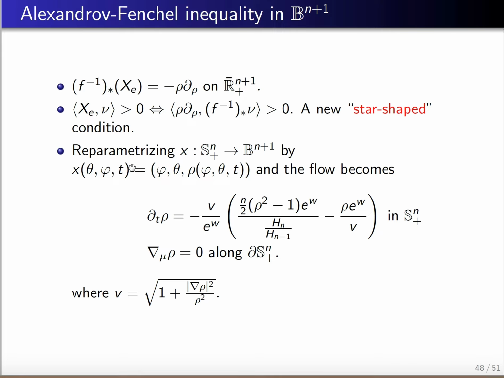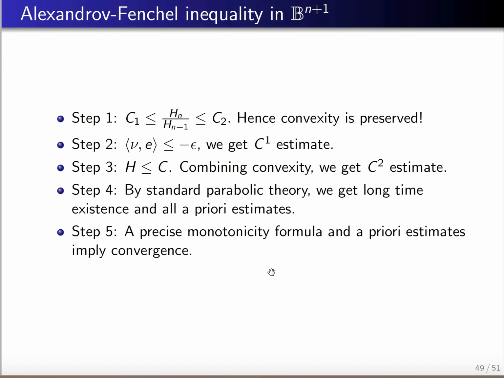And then we can reparametrize this flow to be an equation for a scalar function rho. So here rho is like the radial function as follows, and here rho satisfies the Neumann condition along the boundary. Okay, yeah, this is the first step.